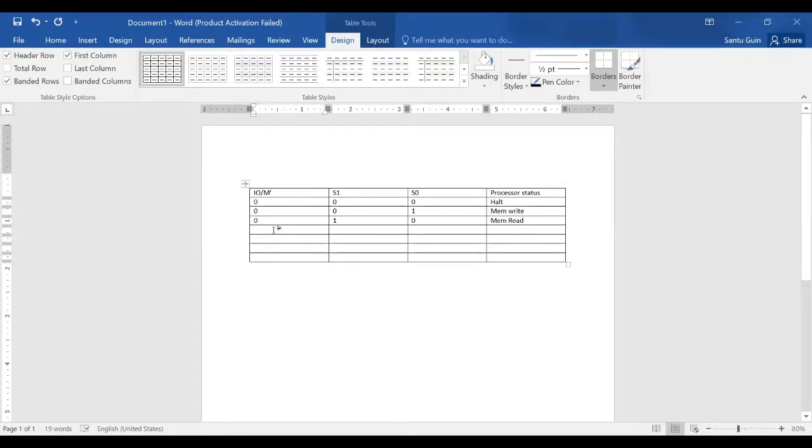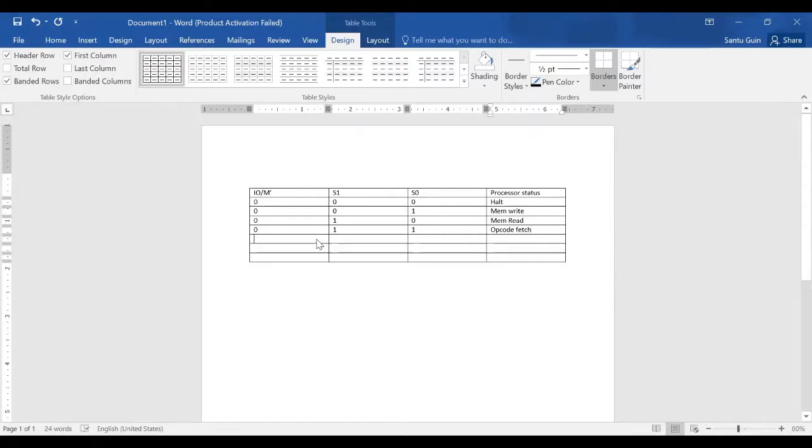And if IO/M bar is again 0, S1 is 1, S0 is 1, then the operation is called the opcode fetch operation.